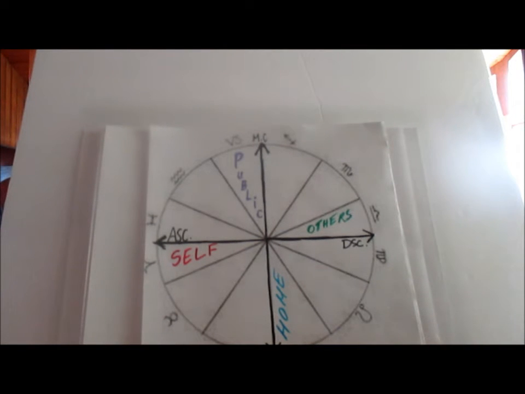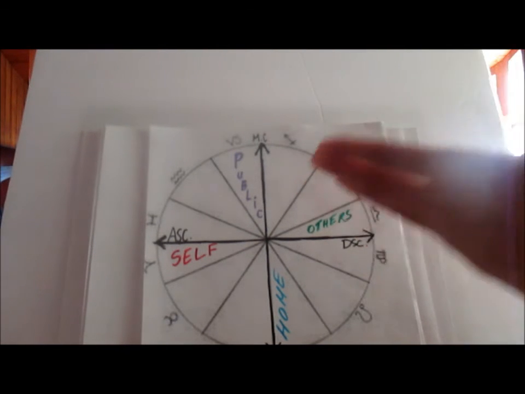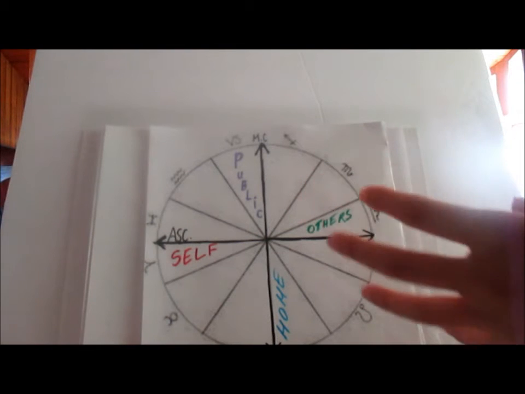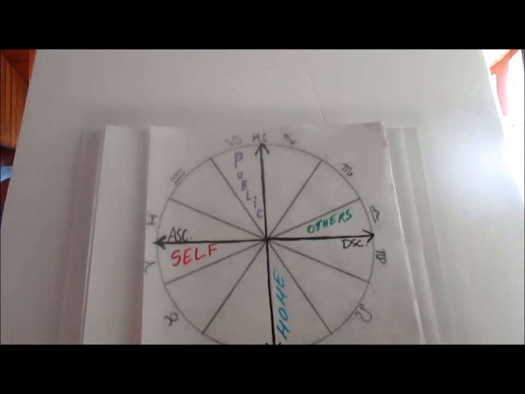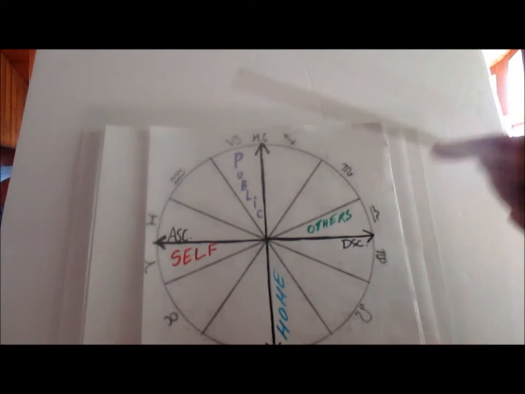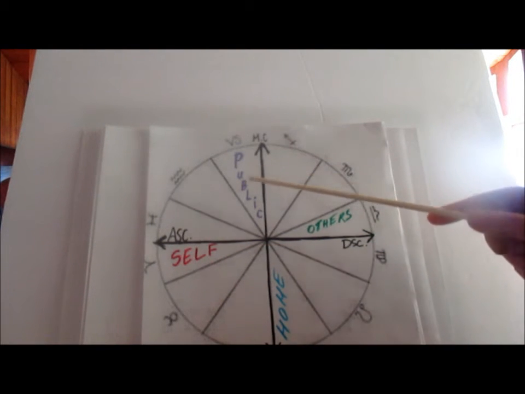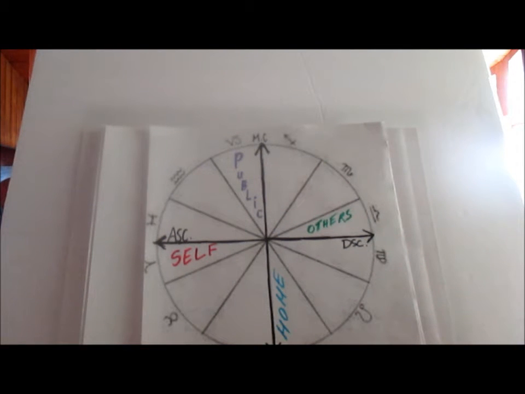The reason for that is because the ascendant and the midheaven relate more to our personality, whereas the descendant and the IC are more about our relationship with other people, relationship to home and family. So we're going to look at what directly relates to us, how we are seen and how others see us.